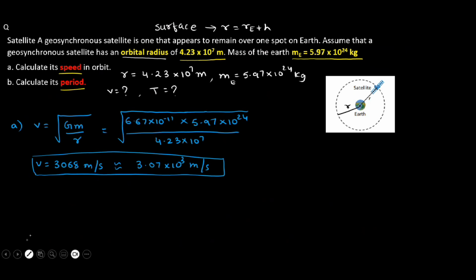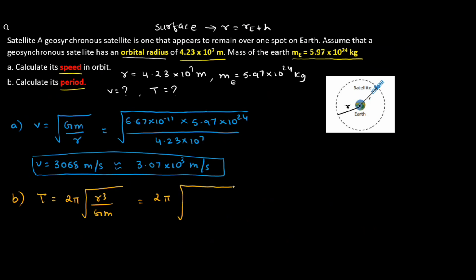Then we calculate the orbital period T, which is 2 pi square root of r cubed over GM. 2 pi square root, r here is 4.23 times 10 to the power 7 cubed, over G, which is 6.67 times 10 to the power negative 11, times the mass.